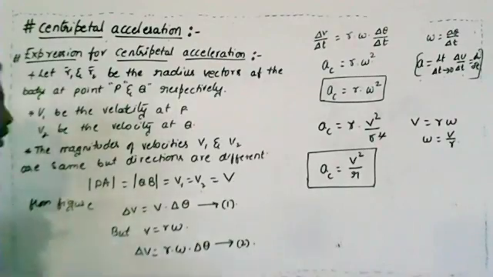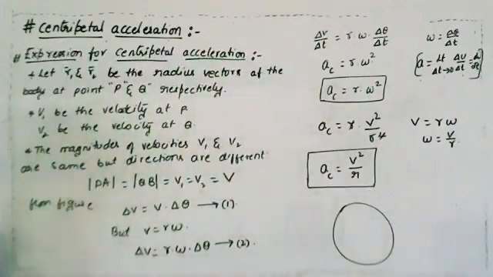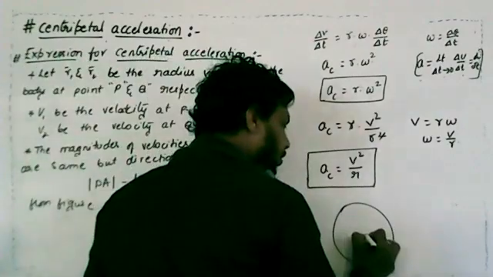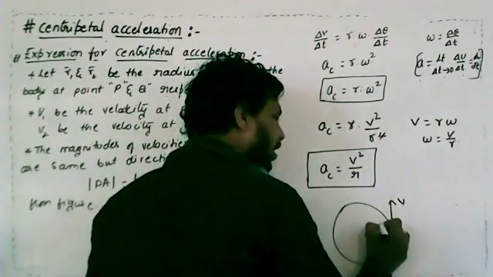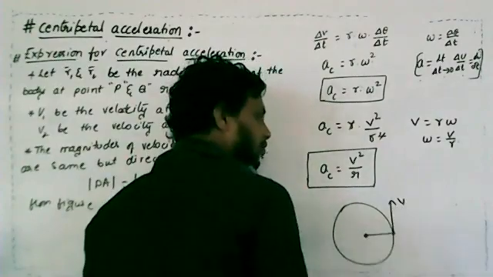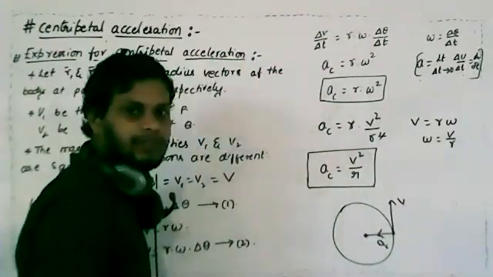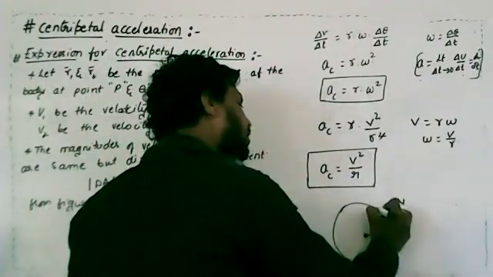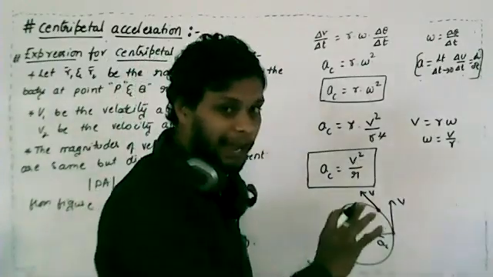Okay. For example, if a body is moving in circular motion, are you clear? Then we can say that always the tangent to the circular motion gives what? Velocity. So I will take the velocity in this direction, then centripetal acceleration is towards the center. Now, for example, I will consider the point here, then tangent is in this direction, then magnitude of velocity. I will take only magnitude of velocity.